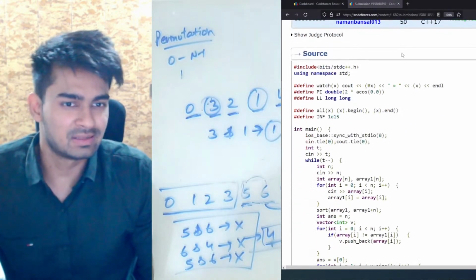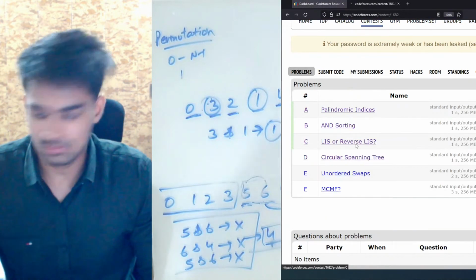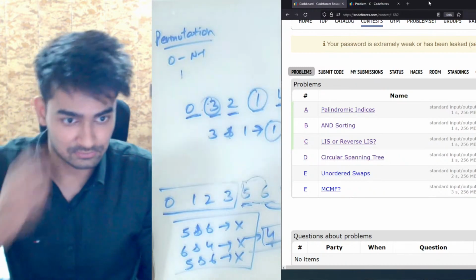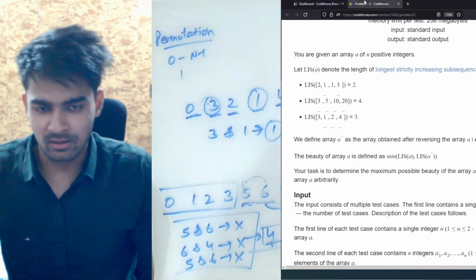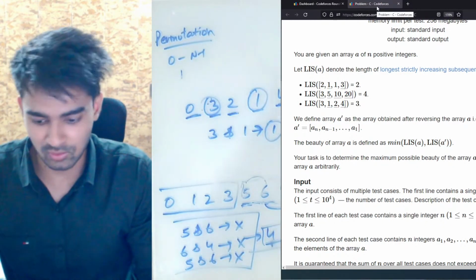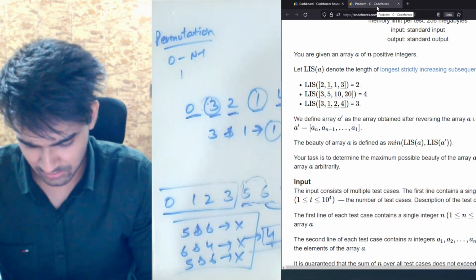Okay. Anyways, let's move to problem C, which is LIS or reverse LIS. I hope everybody knows problem A and B by now. If you still don't know how to do this, just tell me. Give me a minute.